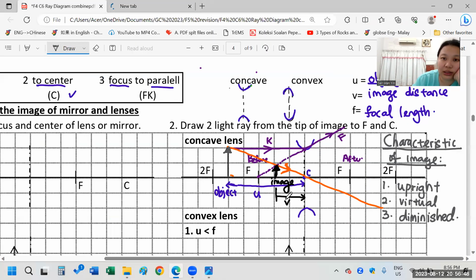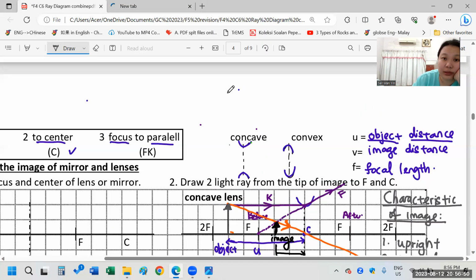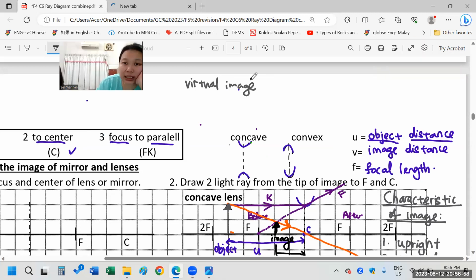Maybe you write here: virtual image means the image cannot form on the screen.